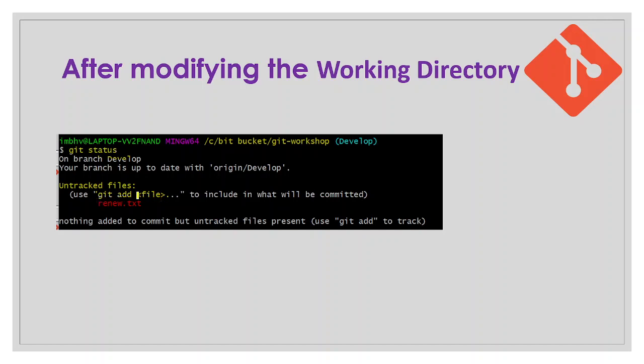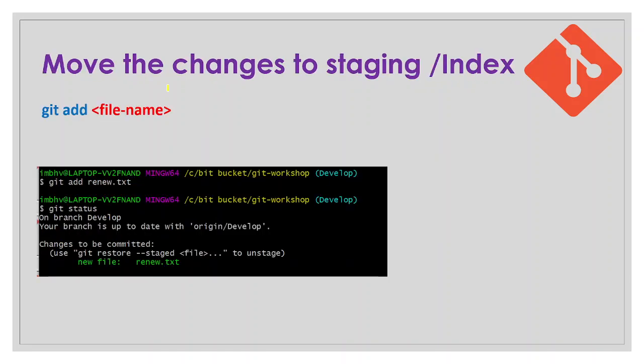Here we got a suggestion: git add the file to include it in what will be committed. So the same operation we are going to perform: move the changes to staging or index. To move these changes from your working directory to staging, we use a command called git add, and you need to specify the file.